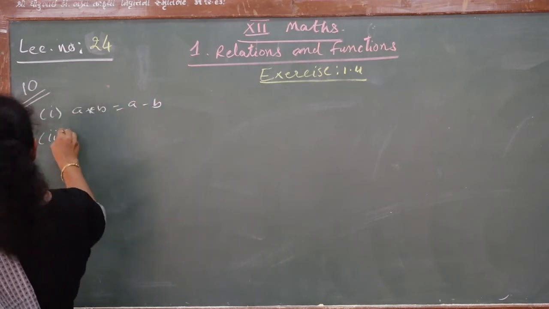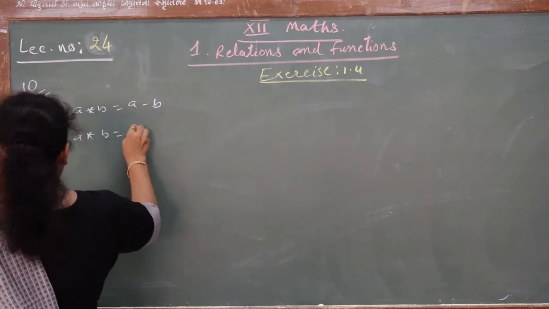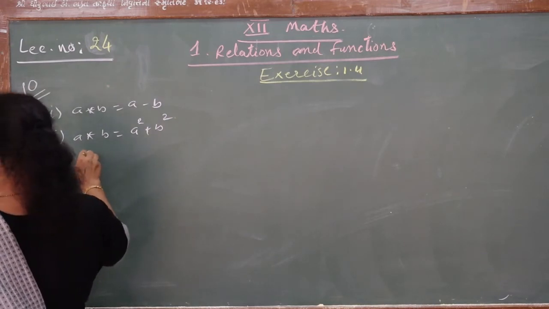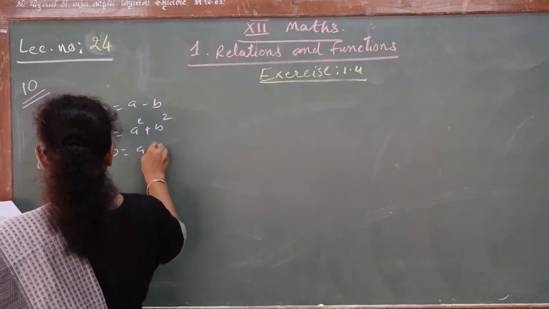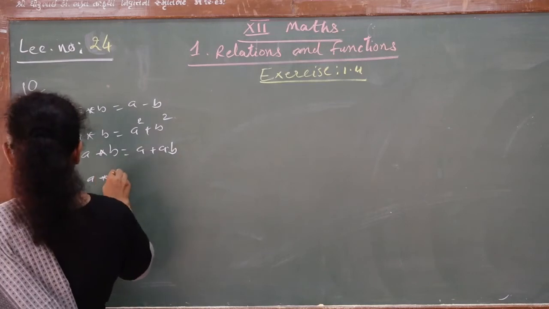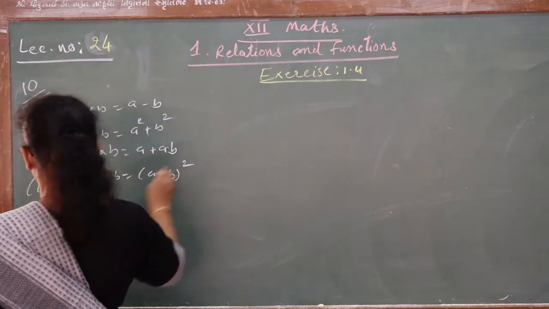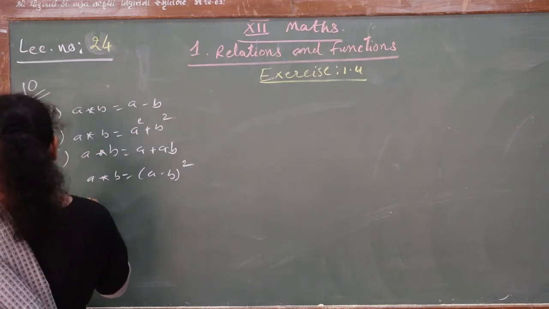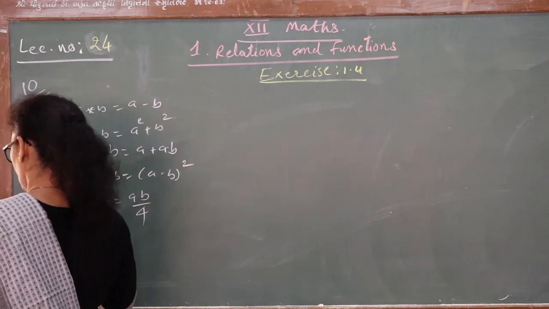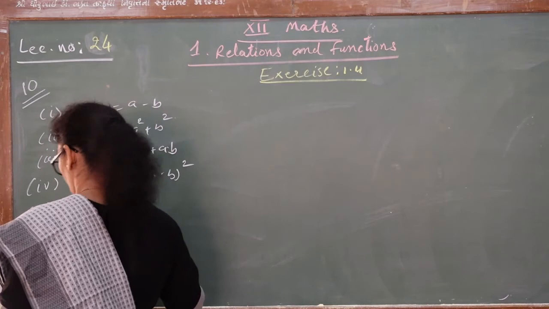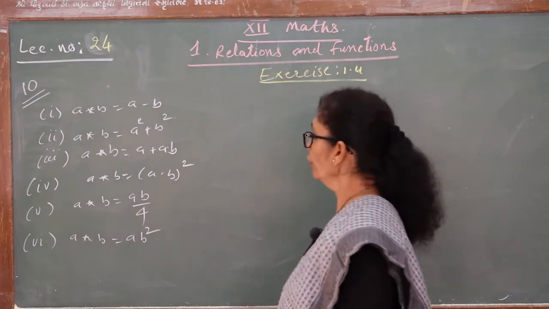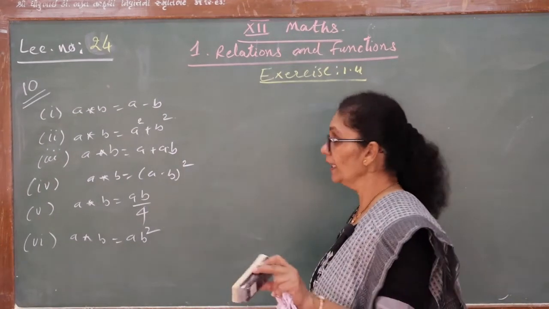First is this, second is a square plus b square, third is a plus ab, fourth is (a minus b) whole square, fifth is ab by 4, and the last, sixth, is a b square. Okay, in the 10th question you have to check only the identity element for all these 6. Last step only identity element.